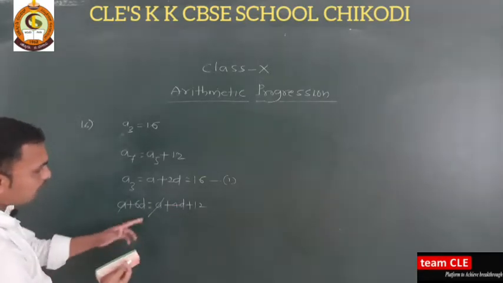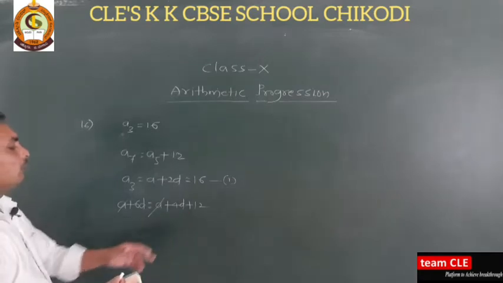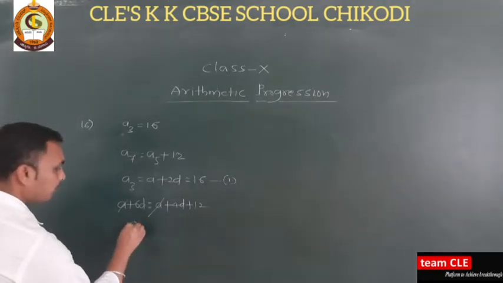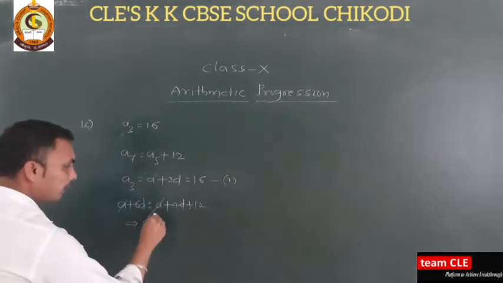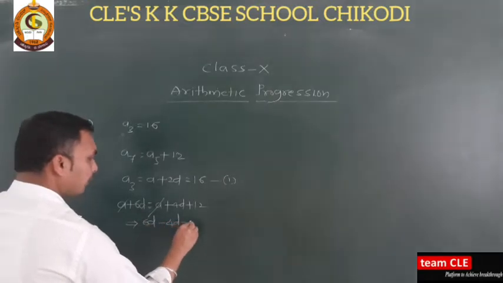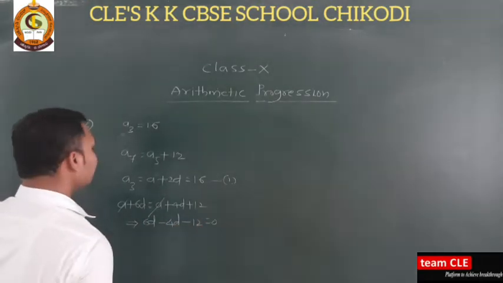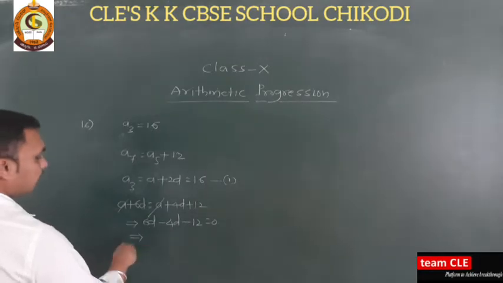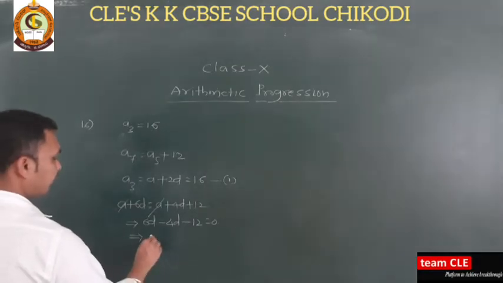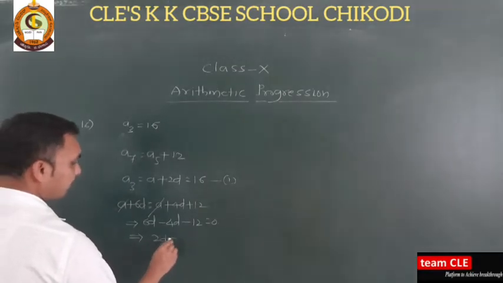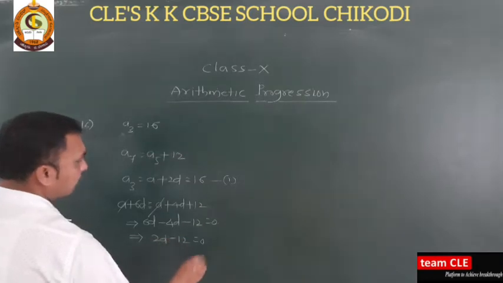Now I'll equate this equation to 0. So this implies we have 6d, I'll take this to this side, minus 4d minus 12 is equal to 0. Now how much d is remaining here? We can say it is 2d minus 12 is equal to 0.